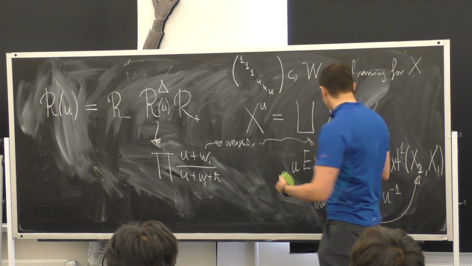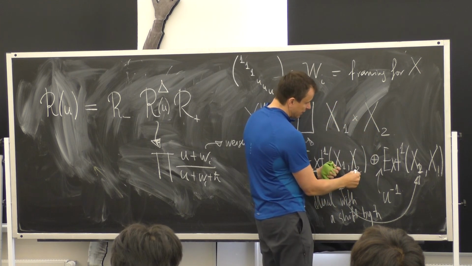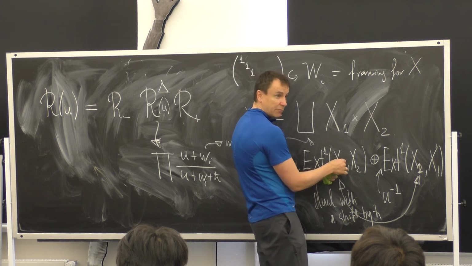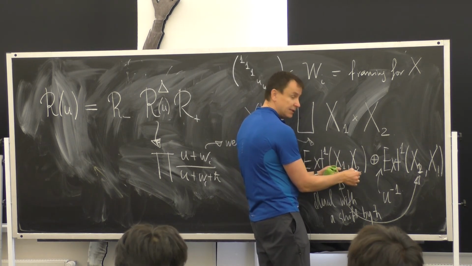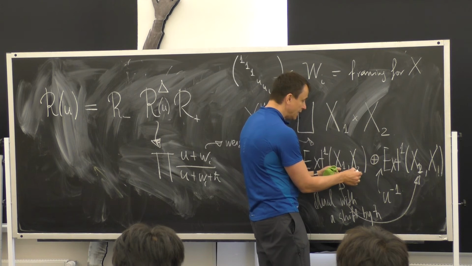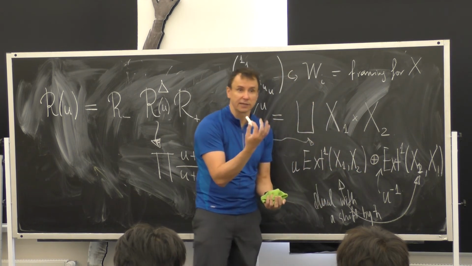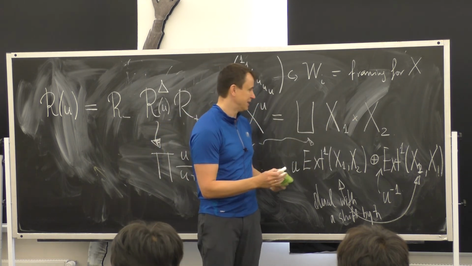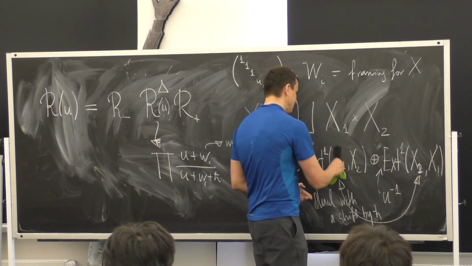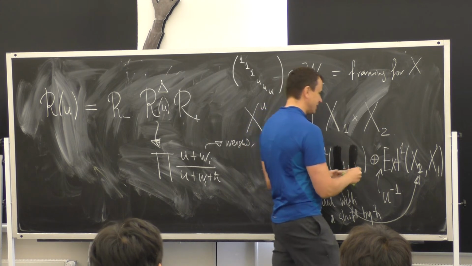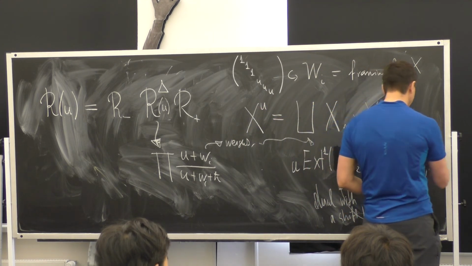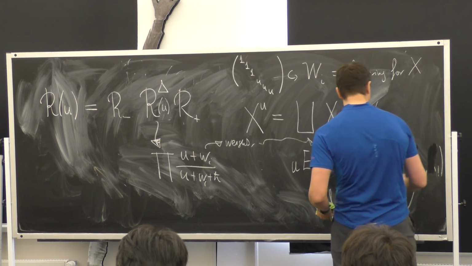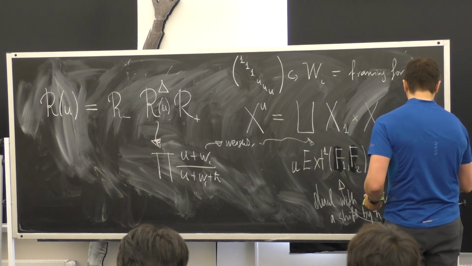If I fix what happens here and see how it varies as a function of X2, this is linear in X2, in the corresponding representation. I apologize, maybe I should write F1, because the actual representation is like the sheaf F2, F1.